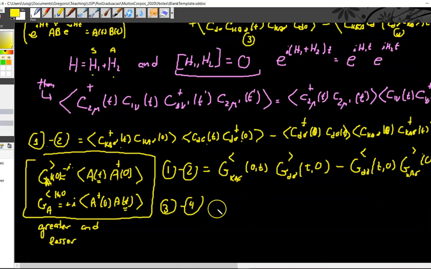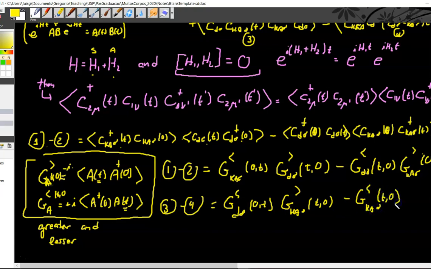So those would be the lesser Green's functions of the d sigma operator at 0t, and the greater Green's functions of the Ka sigma operator at t0, minus the lesser operator of the Ka sigma at t0 times the greater Green's functions of d sigma at 0t.